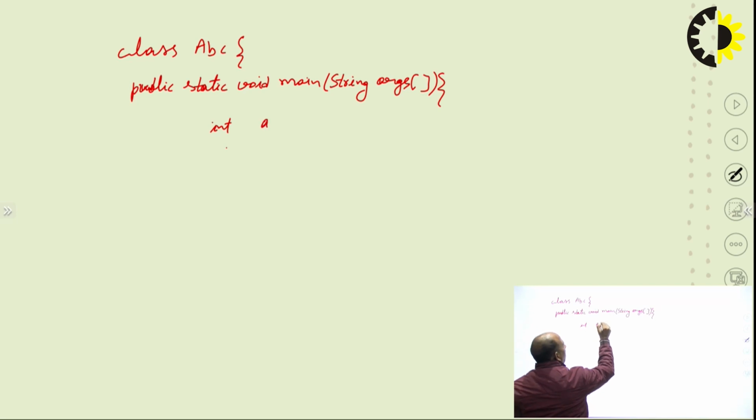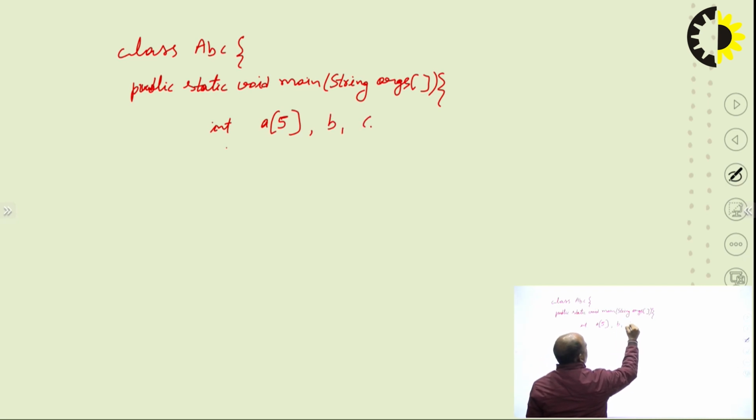The array name is A and its size is 5, and there are other variables B and C also.